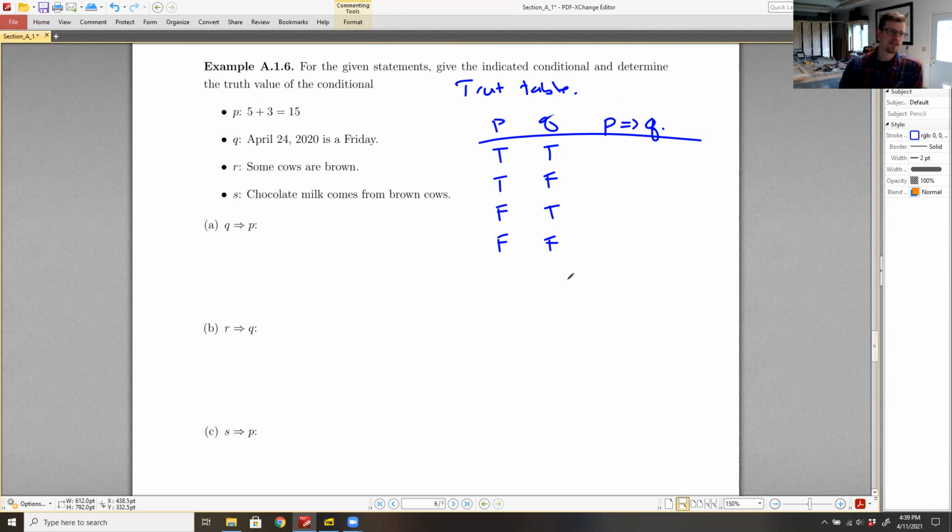For P implies Q, we said way back at the beginning of our last video when it's false. And we said it's false only when P is true, but Q is false.